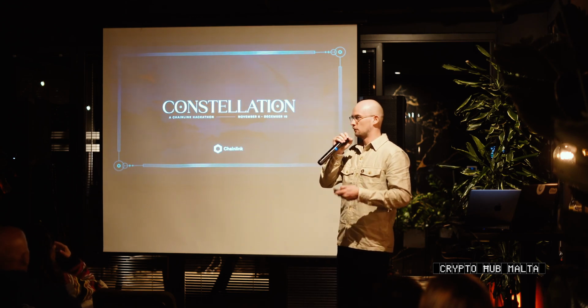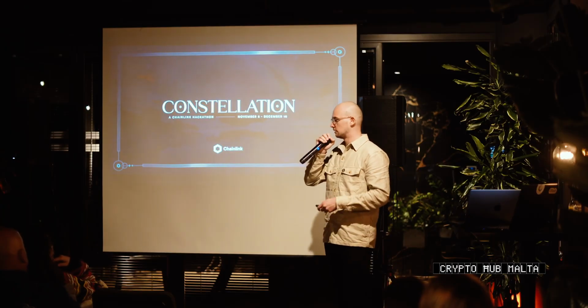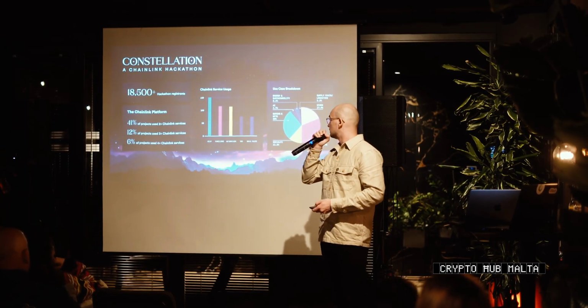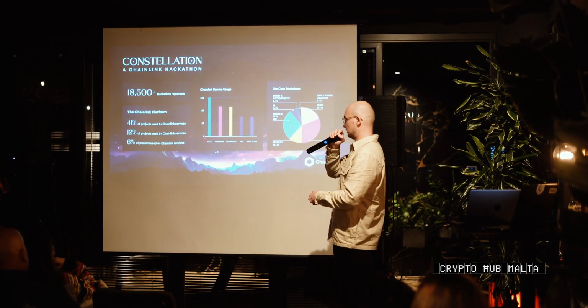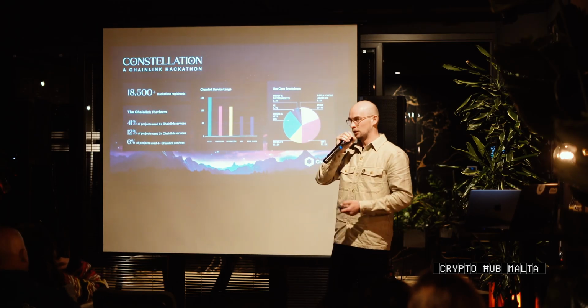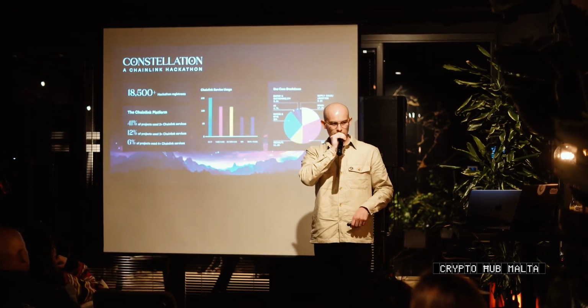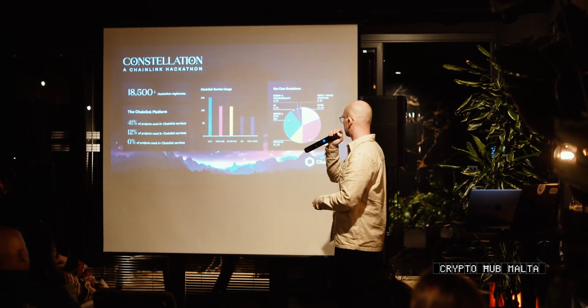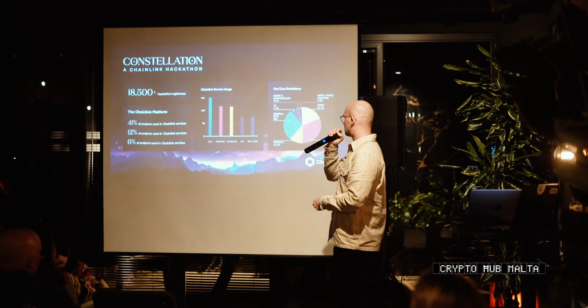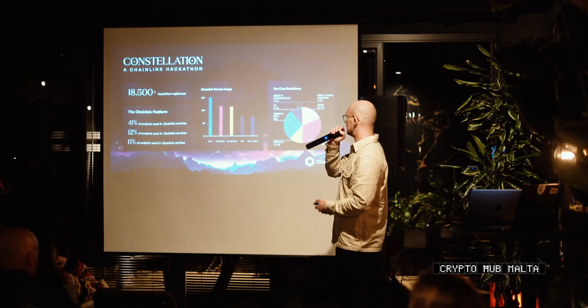But they also have a lot of other technologies, for example Chainlink CCIP, which is a cross-chain interoperability protocol where you can communicate between different chains, and also data feeds. We used CCIP and data feeds for our project.